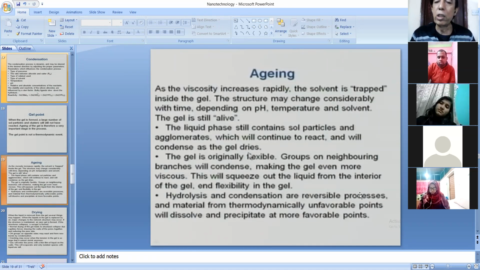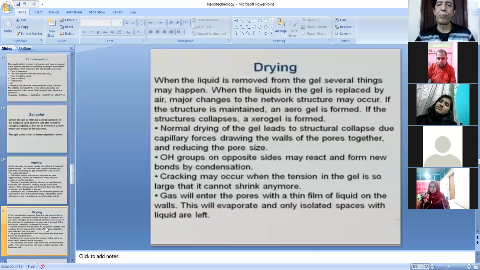Hydrolysis and condensation are reversible processes, and the material from a thermodynamically unfavorable point will dissolve and precipitate at more favorable points. This is about hydrolysis and condensation of the salt particle.